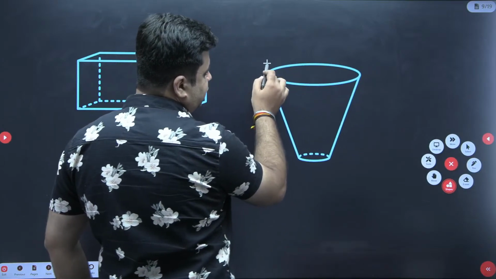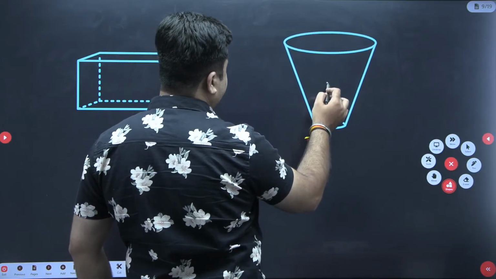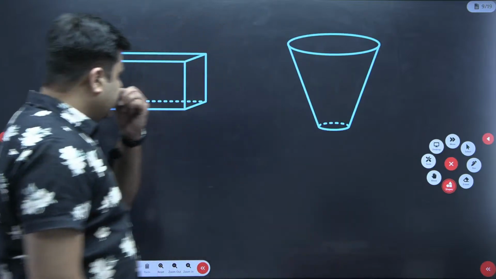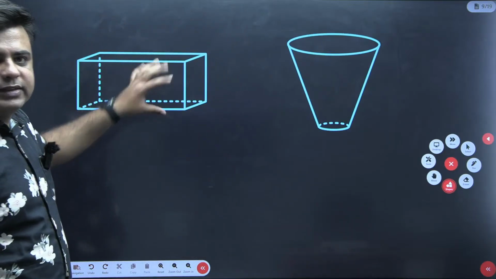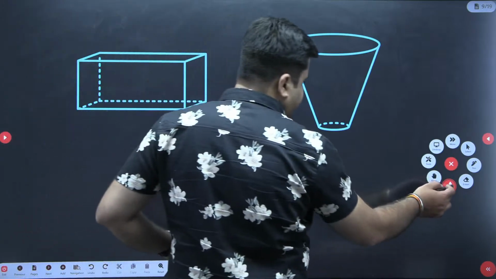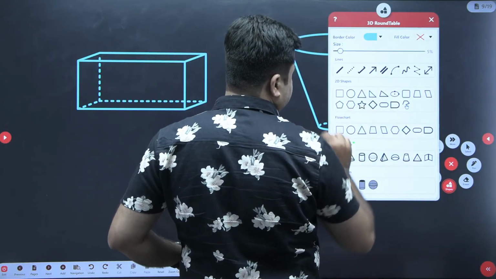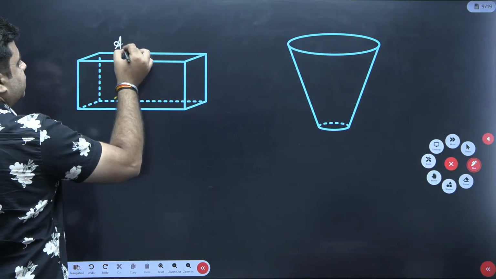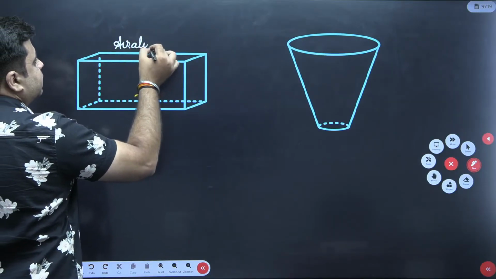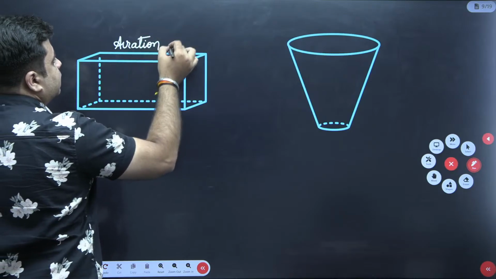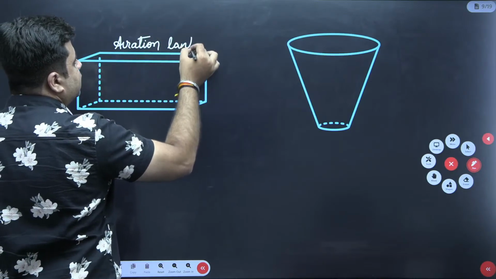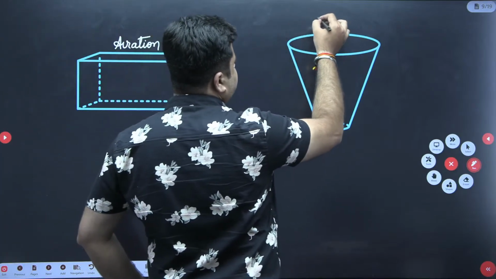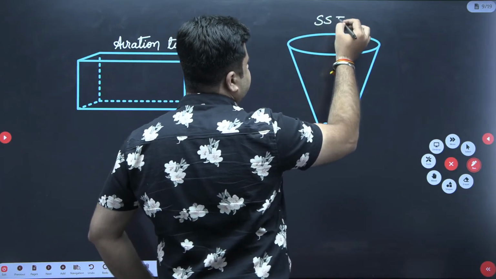This first unit is known as the aeration tank. So this is my aeration tank. And then you have the secondary sedimentation tank. In short, I will write it as SST.